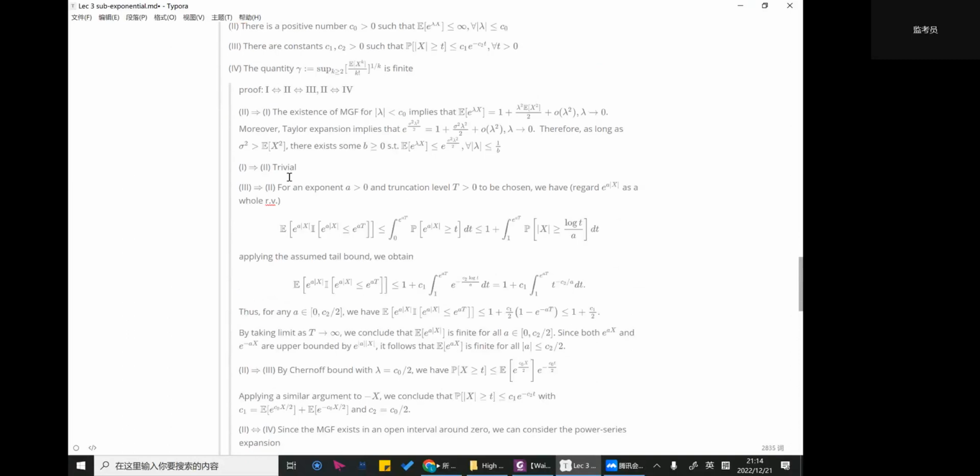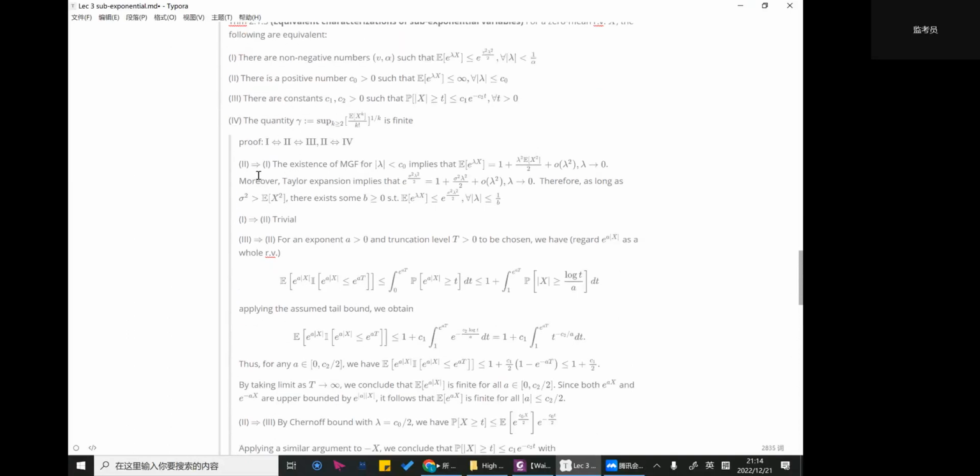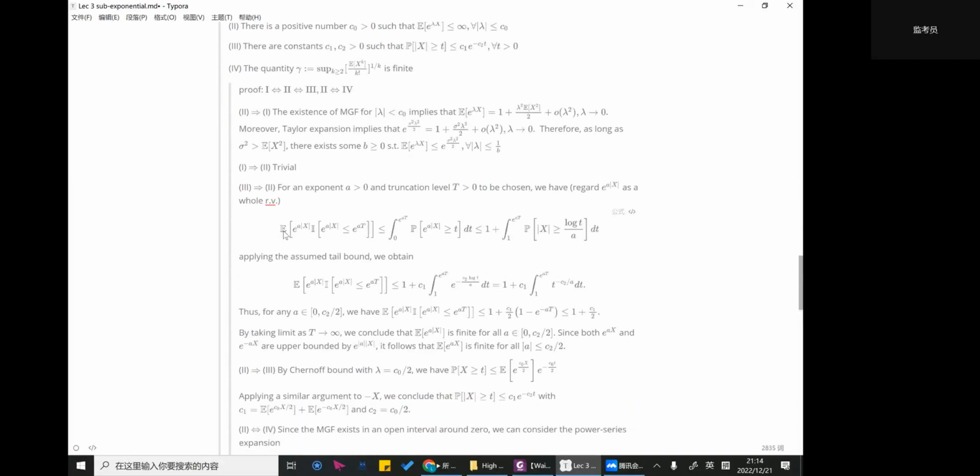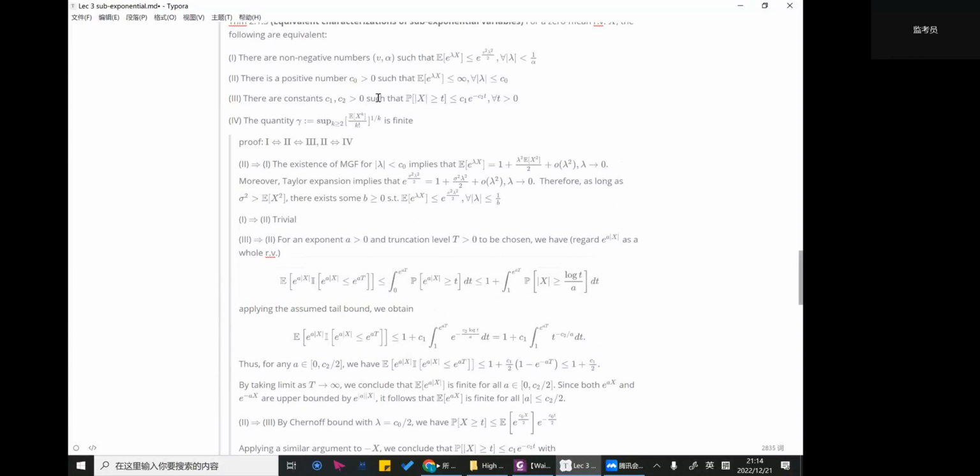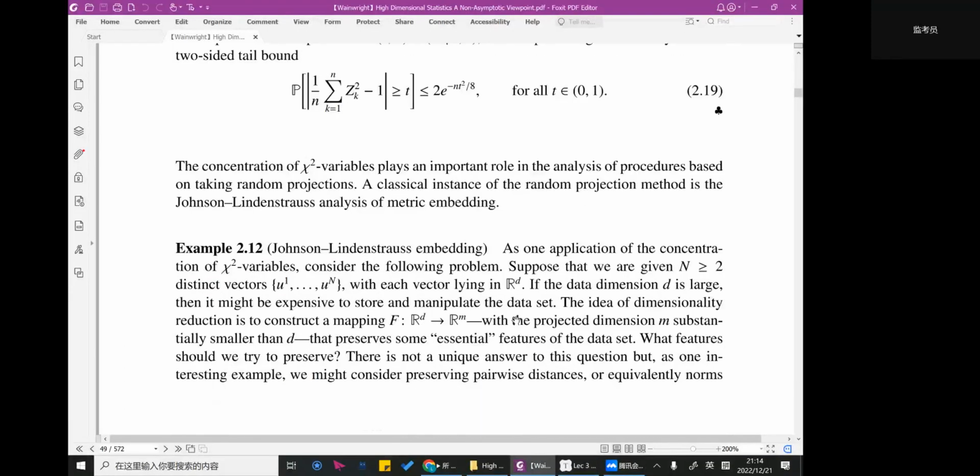The first proof is from 2 to 1 by using the Taylor expansion, and from 1 to 2 is trivial. From 3 to 1, now if it's bounded by some exponential function, here we set a truncation level. So here the author used 2 tricks, and I wrote it here. Let me see.